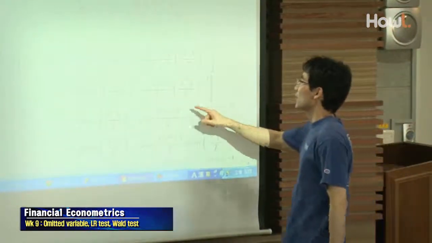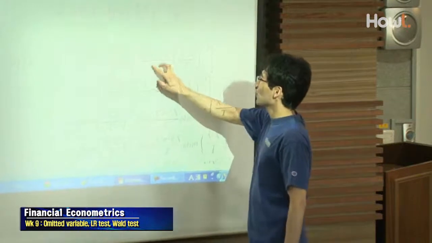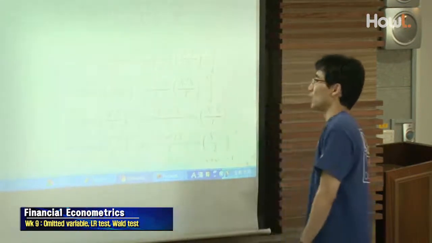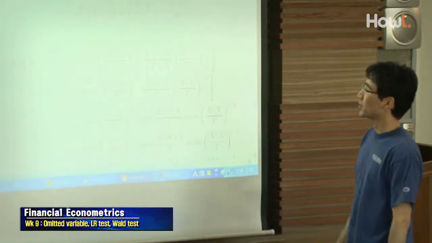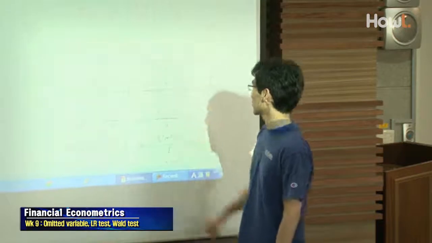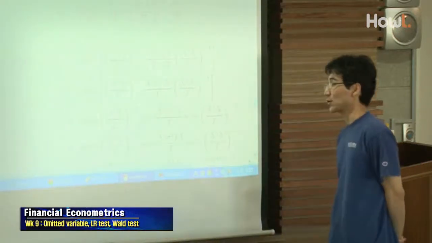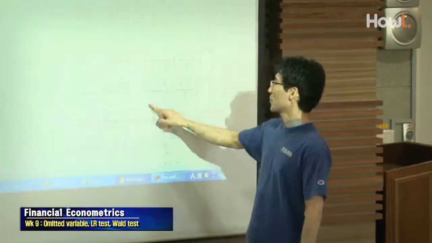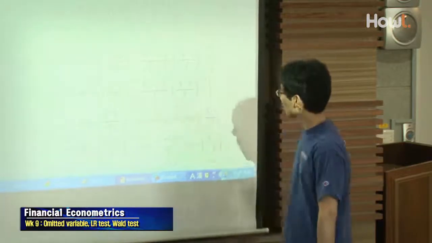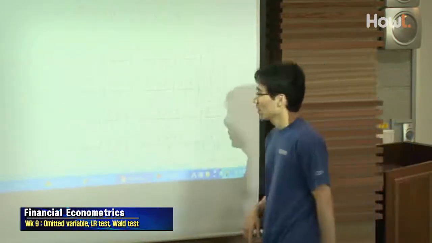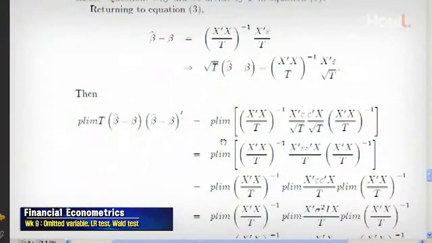So we have this one, and then we have root T two times, so we put this one together with T. And we know we can send the probability limit inside of the function, so with the probability limit here, separately. We want to get the probability limit of this one, this one, and this one. About this part, actually we can write this part like this.